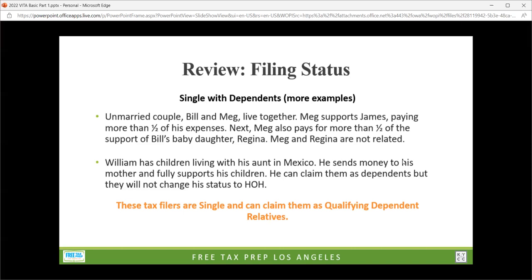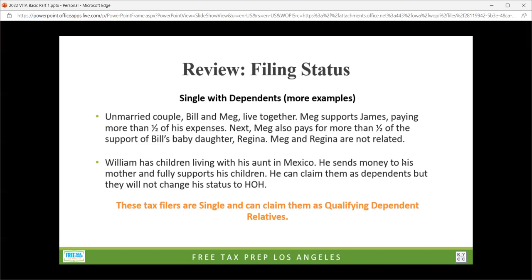So they can be claimed as a dependent, but he is not going to change the filing status from single to head of household. So these tax filers are single and can claim them as a qualified dependent relative, but it's not going to change the filing status from single to head of household. So we need to take all of this into consideration.